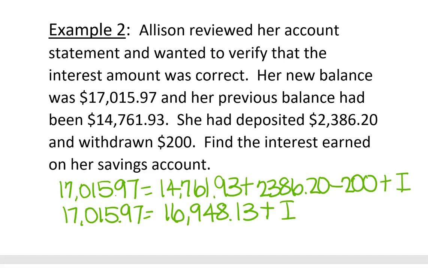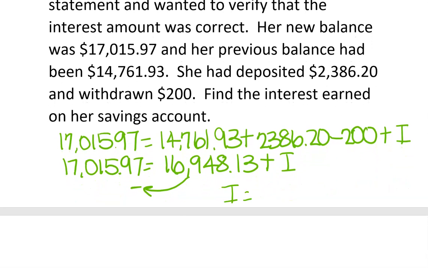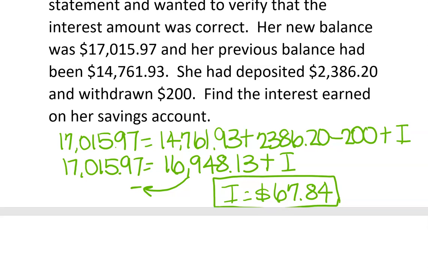So if we subtract the numbers, we get $67.84. And that's the interest that you would find there. So as long as you take your previous balance, you add in your deposits, you add in the interest, you subtract the withdrawals, your new balance should match that.